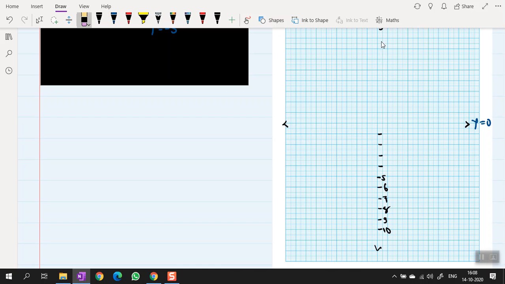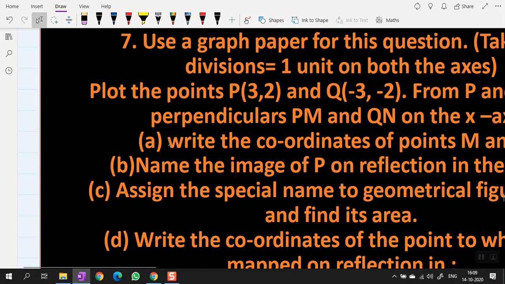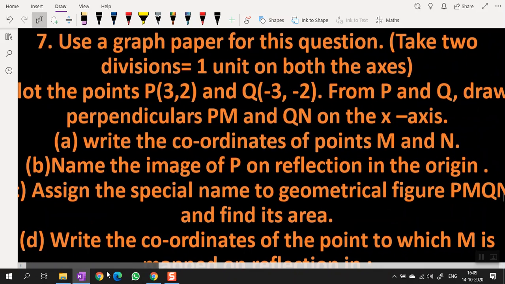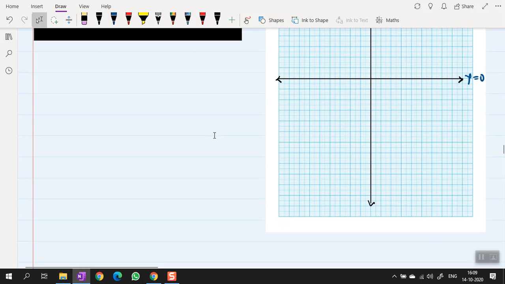So the lines will remain as they are. Okay. The question says that take 2 divisions is equal to 1 unit. Now on the graph paper, where are your 2 divisions?